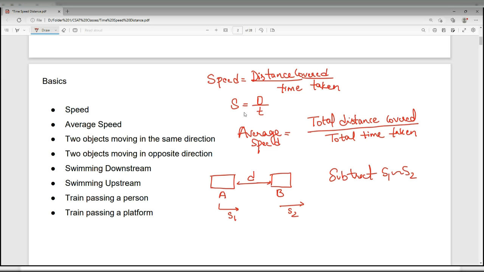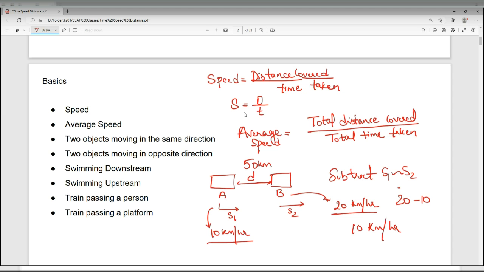For example, if A is moving at 20 km per hour and B is moving at 10 km per hour, and this distance is 50 kilometers, the gap between these two will be reducing at 10 km per hour. It is 20 minus 10. This is the relative speed of these two.